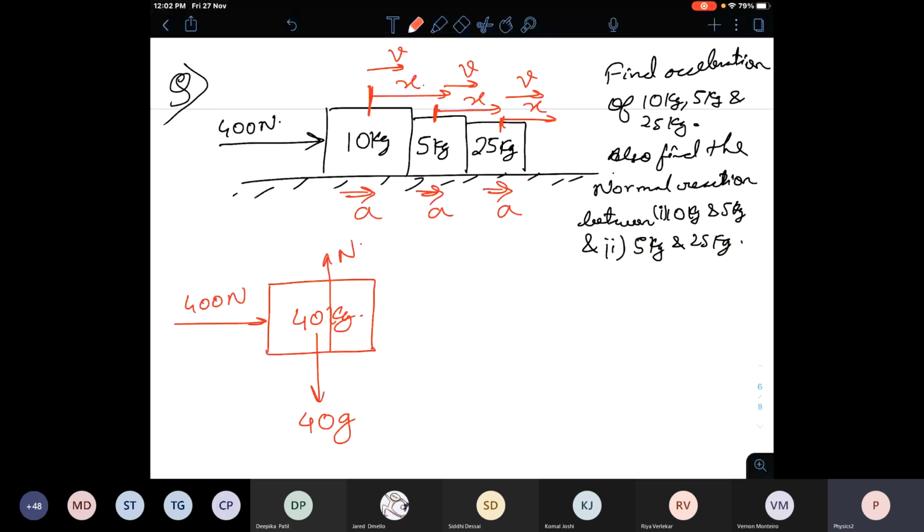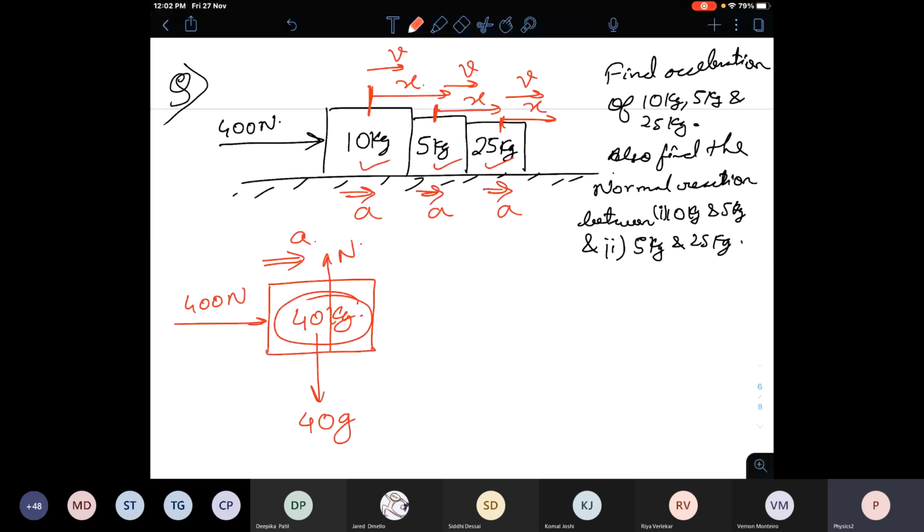Now if we are talking about the horizontal direction, it has some acceleration a. Whatever is the acceleration of the 10 kg, 5 kg, and 25 kg, the same acceleration will be there for the 40 kg also, because they are combined and made together. Then how can the acceleration change? Acceleration cannot change.